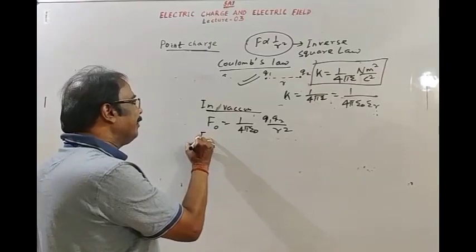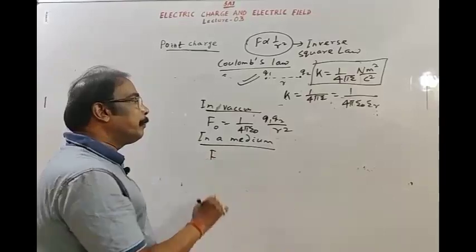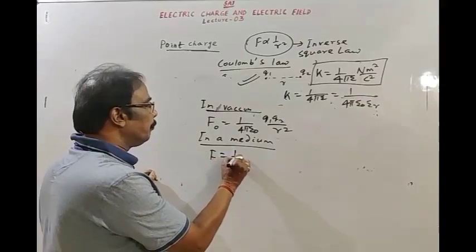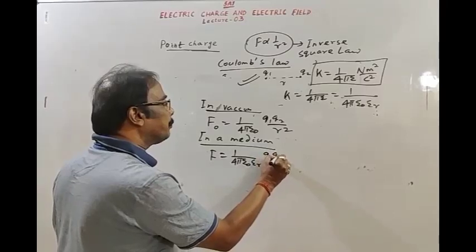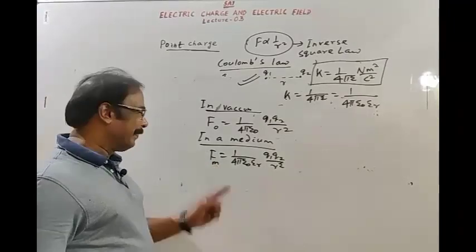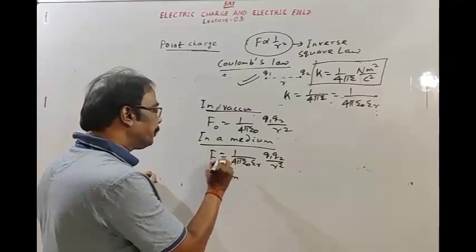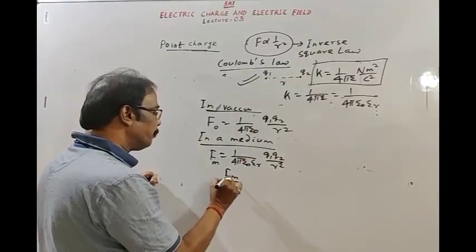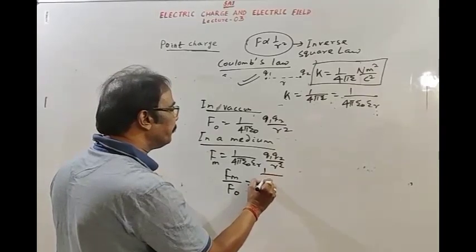In a medium, that is an insulating medium, let the force between the same two charges Q1, Q2 at the same distance R be 1 divided by 4 pi epsilon naught epsilon r, product of charges divided by square of distance. This is the force in medium, Fm. This is the force in vacuum, F naught. Then if you take the ratio of the force between two point charges at a given distance, the force in medium divided by the force in vacuum, you may take this ratio.